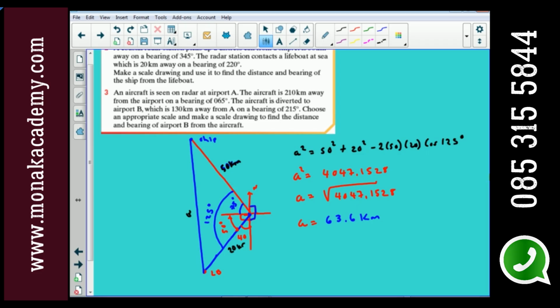So the lifeboat is 63.6 kilometers from the ship itself. Is that okay? Yeah.